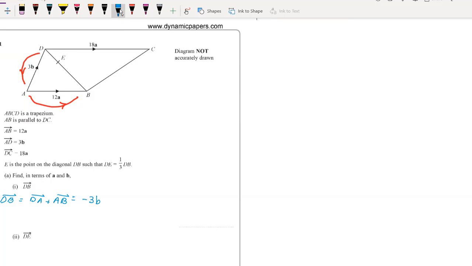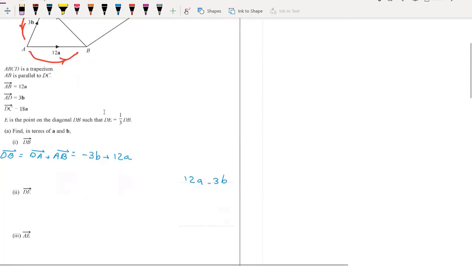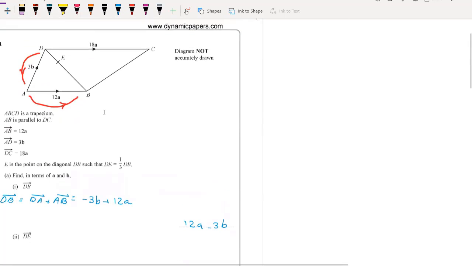AD is 3b, so DA is minus 3b, plus AB, which is 12a. So it's an easy 1 mark, 12a minus 3b. This is the answer of DB. Now, let's move to DE. He wants to find DE.